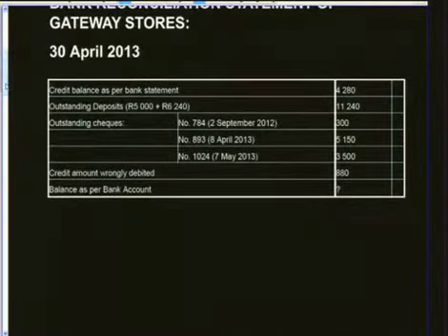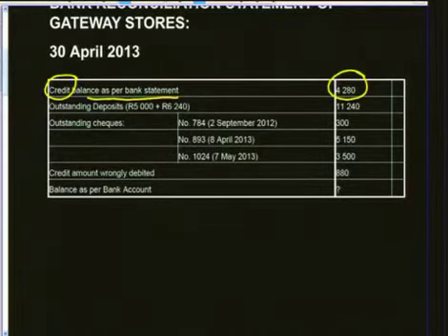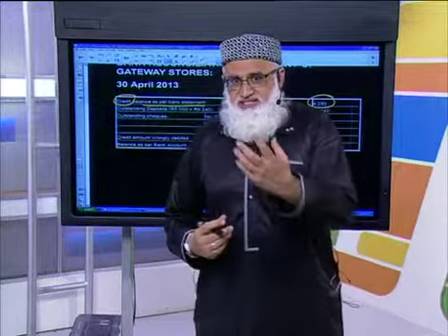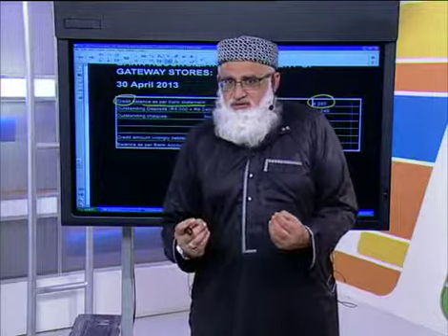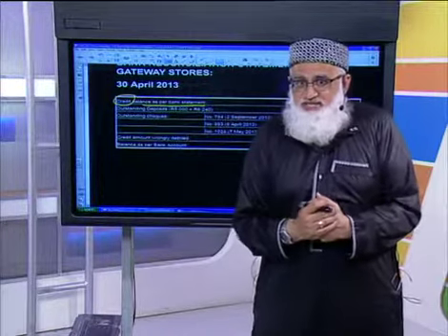Let's go back to that bank recon and see what we have. It says here, a credit balance as per bank statement, an amount of 4,280. Okay, now understand the relationship between you and your bank. If the bank sends you a bank statement and it shows a credit balance, are you going to be thrilled or are you going to be worried?